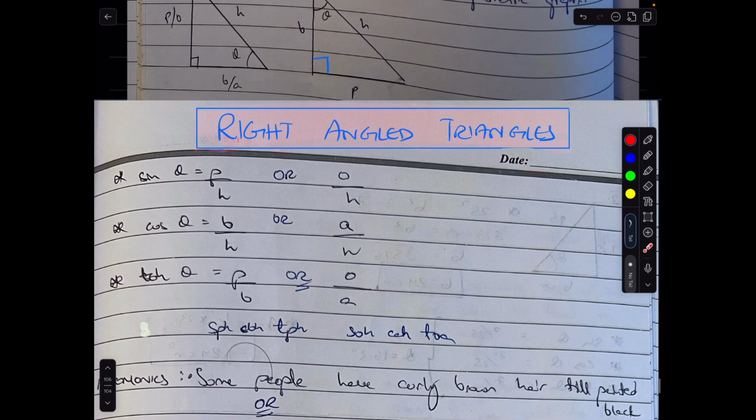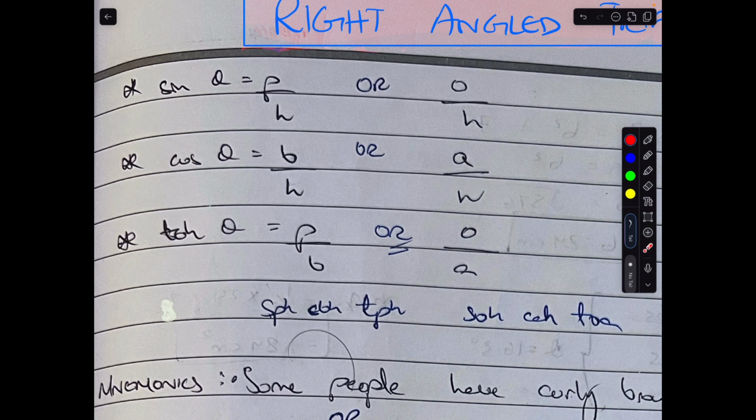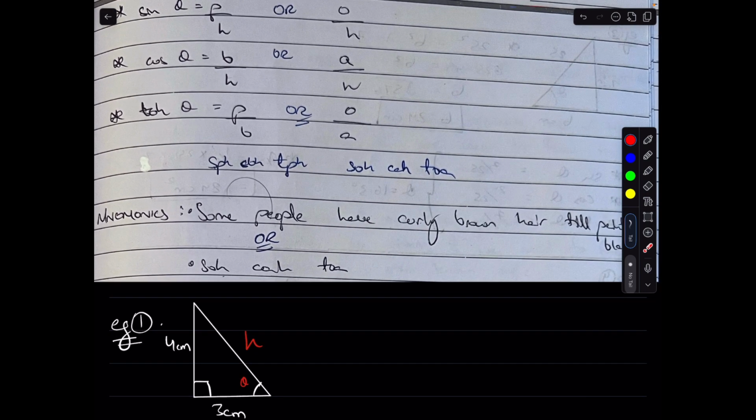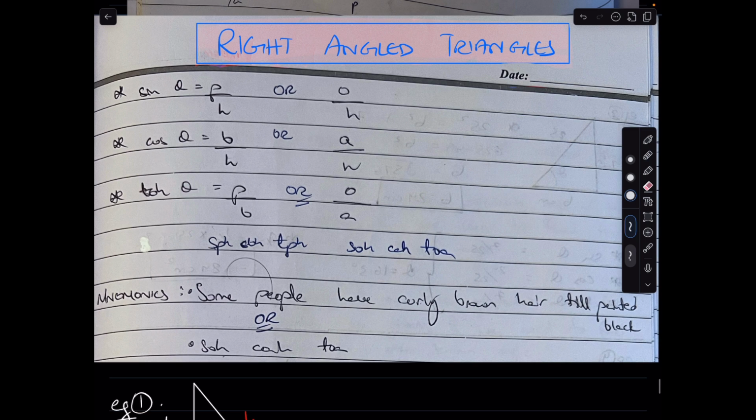Alright. So these are the three trigonometric ratios which you started to learn earlier in middle school or grade 9. And the mnemonic to remember them is, if you are using the terms perpendicular and base, you can remember the ratios as Some People Have Curly Brown Hair Till Painted Black.